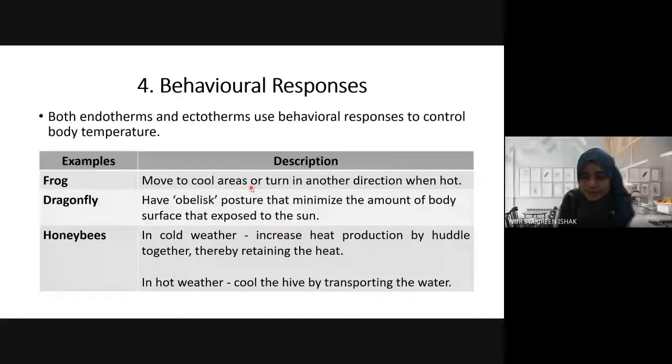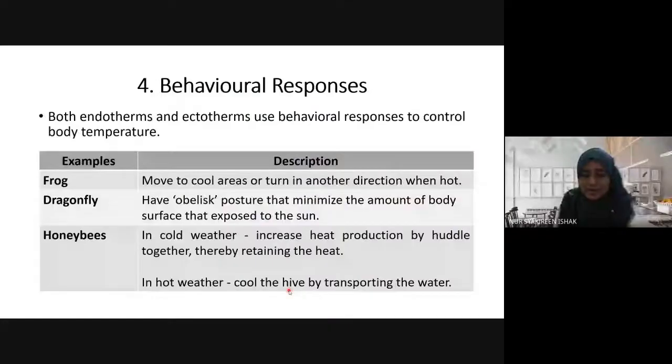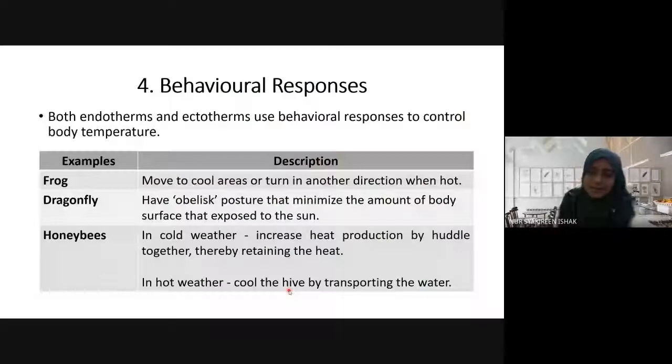So when the weather is hot, okay, the bee will transport water to their hives, and then they will fan their wings, kan, dia akan kepak-kepakkan sayap dia, macam mata kipas kat situ kan.